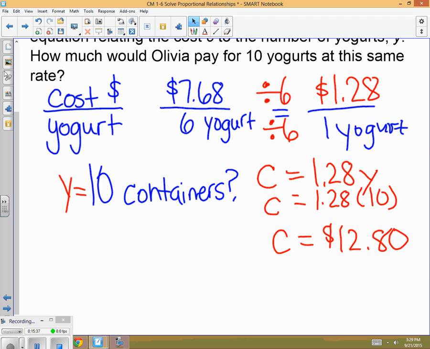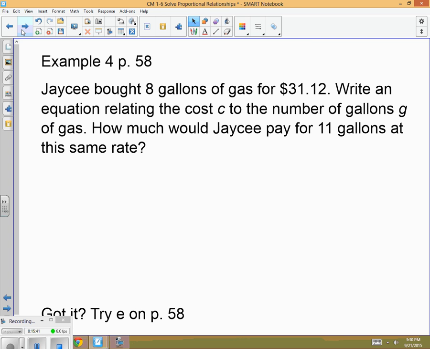Okay. Let's move on to example 4. It says JC bought 8 gallons of gas for $31.12. Write an equation relating the cost, or C, to the number of gallons, G, of gas. How much would JC pay for 11 gallons at the same rate?